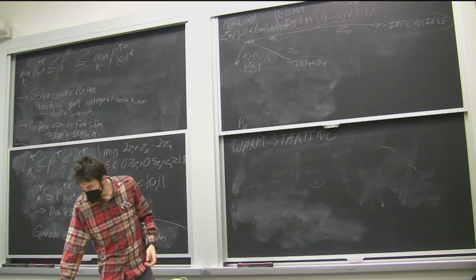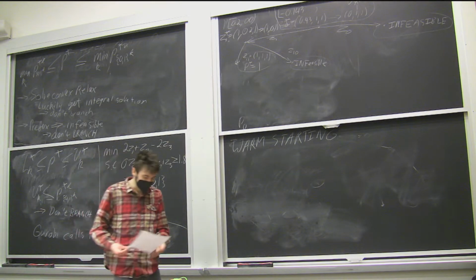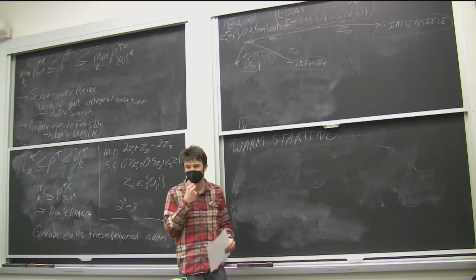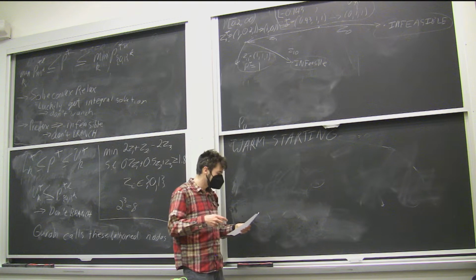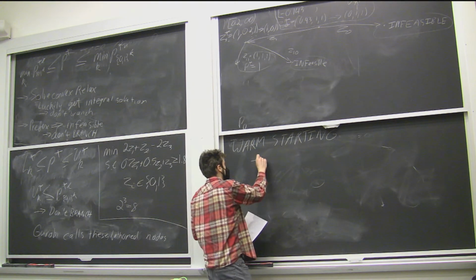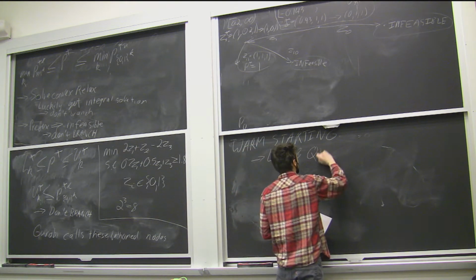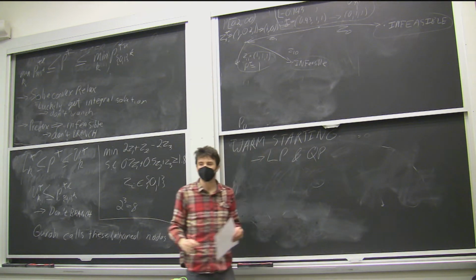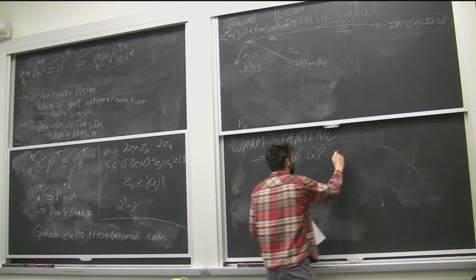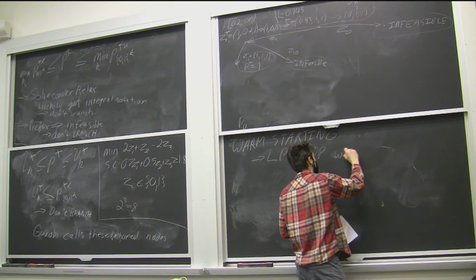And this is one of those places where it's important to know what kind of problem you're solving. Linear programs and QPs, we have a good handle on how to warm start.